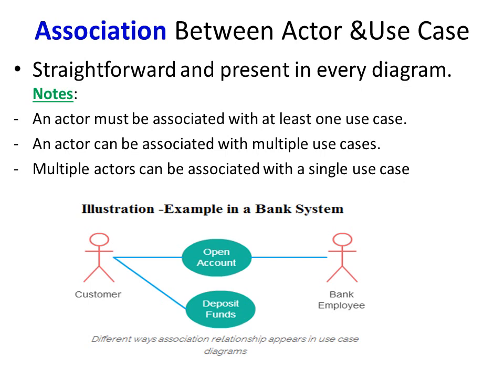And you can see here multiple actors can be associated with a single use case. This is an association. In this diagram we have 2 actors and 2 use cases, open account and deposit funds. The customer can open an account and can deposit funds, whereas the bank employee can just open the account.